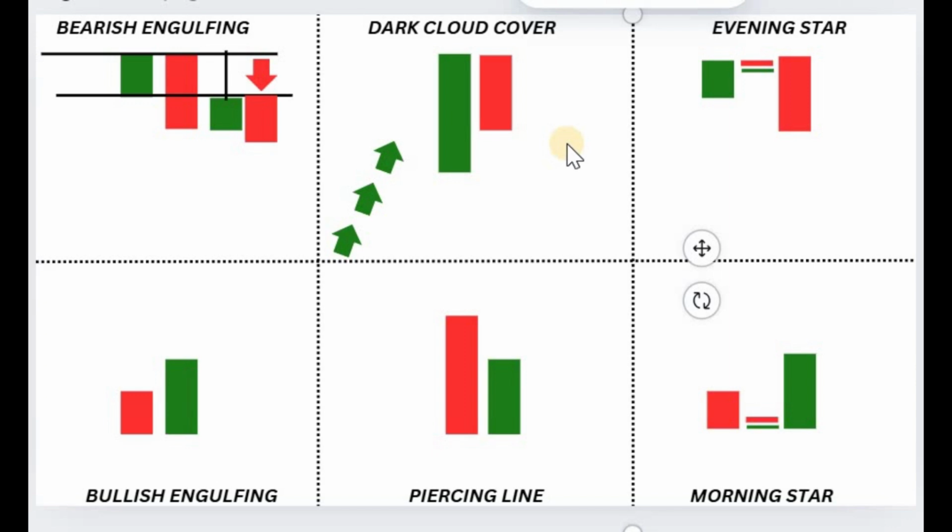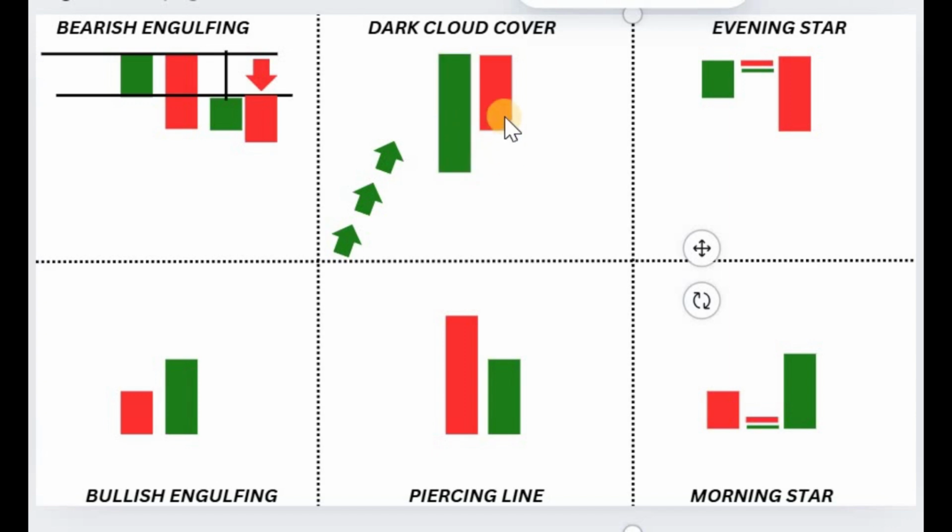Now, how would I put my levels, to know that this is a place where I can execute my trade? With the dark cloud cover, when you see this candlestick is big, the next candlestick should cover at least the 50% of this candlestick.